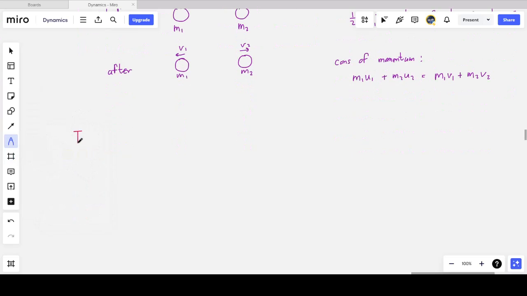The other type of collision that we have is an inelastic one. Again, you could read further on these and see a lot more complicated mathematics and so on, but this is basically what you need to remember when you see elastic and inelastic. Is kinetic energy conserved? If it's inelastic, kinetic energy is not conserved. This is the more realistic scenario.